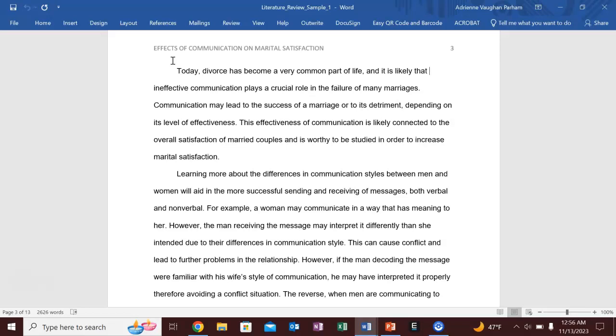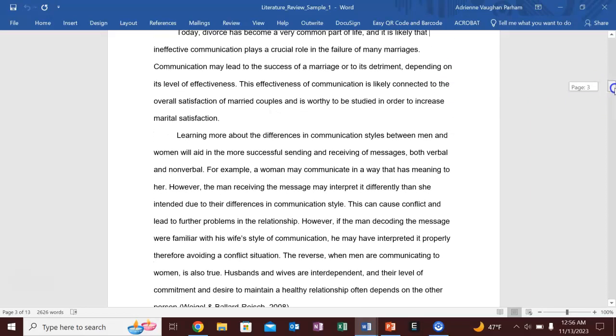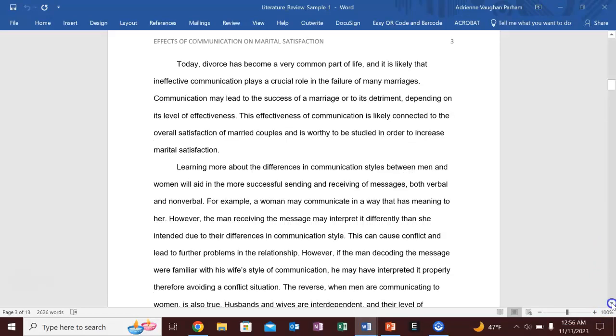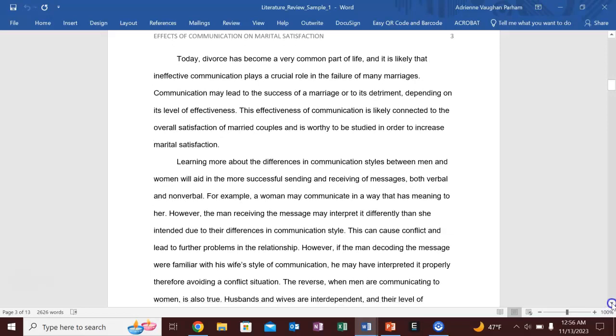As you proceed through this part of your paper, you want to start off with an introductory piece, which may last about a page. So you might talk about what's common about divorce, reasons why divorce happens, and ineffective communication that plays a role.